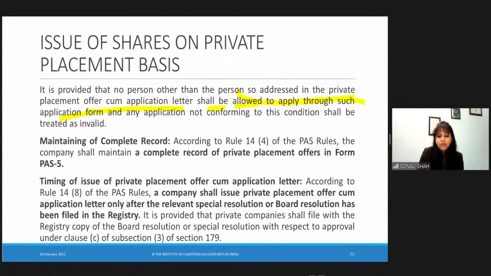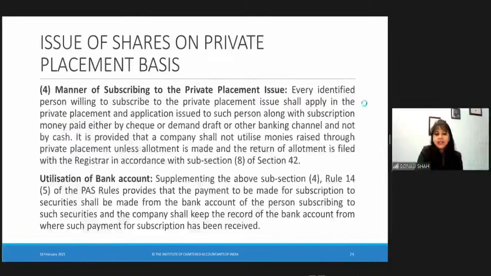Whenever the company wants to issue the private placement offer cum application letter, the company will issue it only after the special resolution or the board resolution permitting the same has been filed with the registrar, right? So the special resolution, the board resolution has to be filed with the registrar.